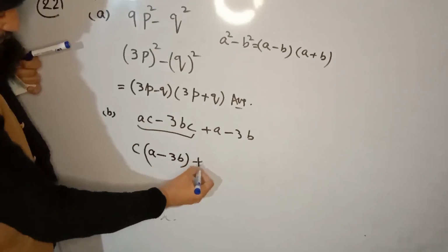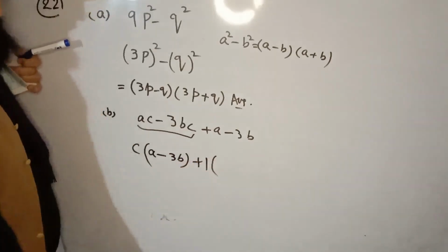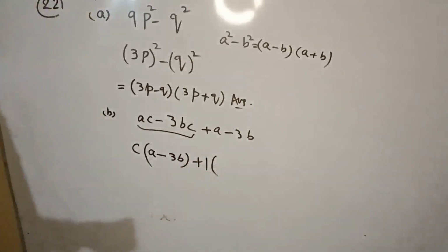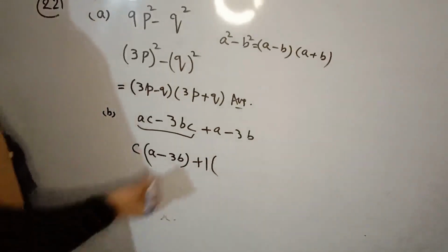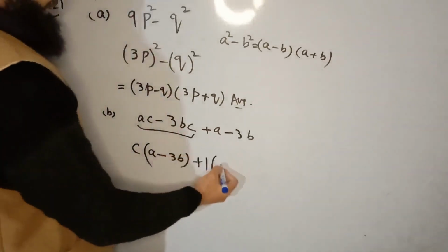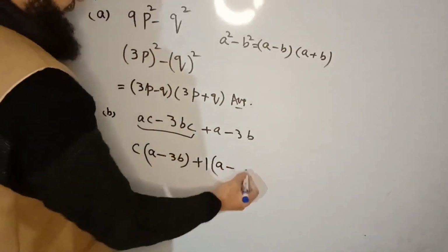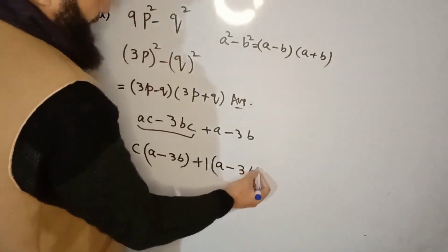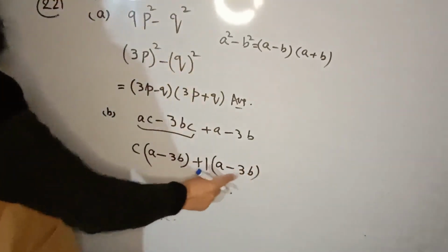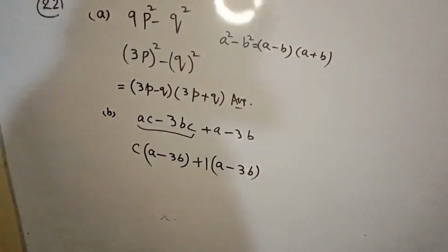Anything can be divided by 1. 1 is a factor of every number. So A divided by 1 is A, minus 3B divided by 1 is 3B. Now A minus 3B is again common in both terms.